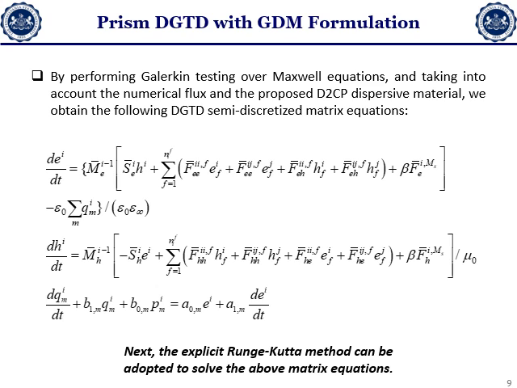And we can see the parameters in the GDM, for example, A0, A1, B0, B1, are listed in these ADE equations. And next, the explicit Runge-Kutta method can be adopted to solve these matrix equations.